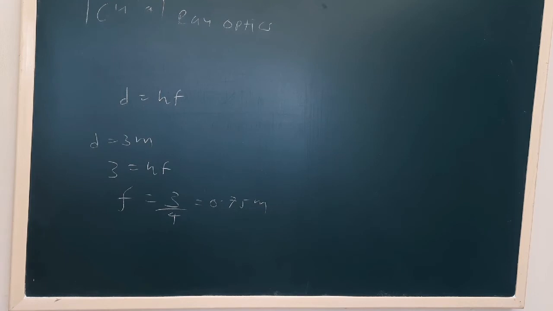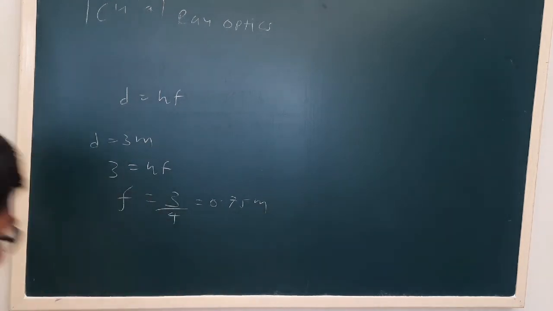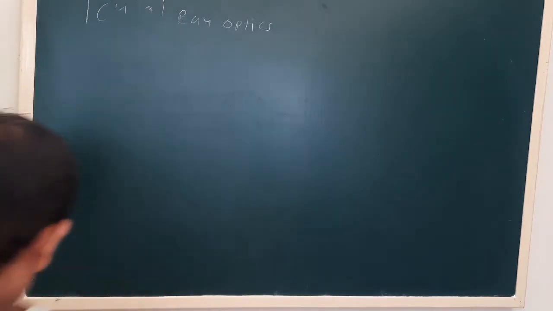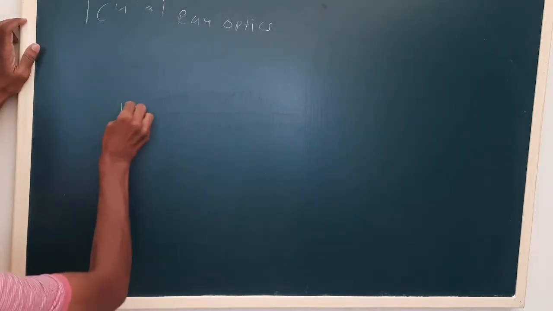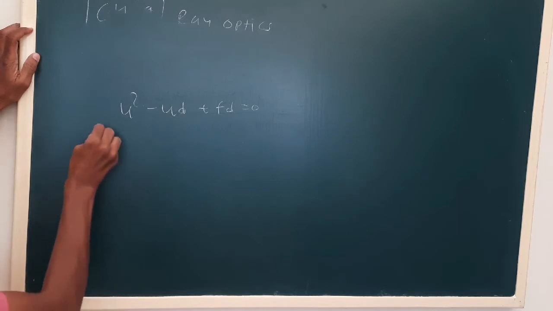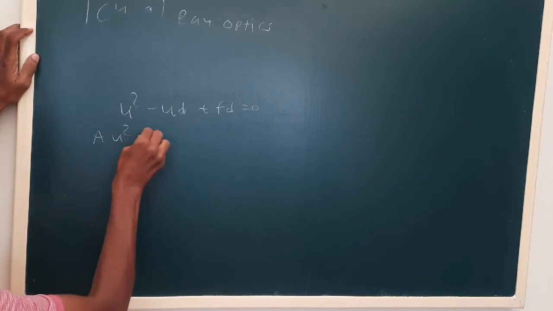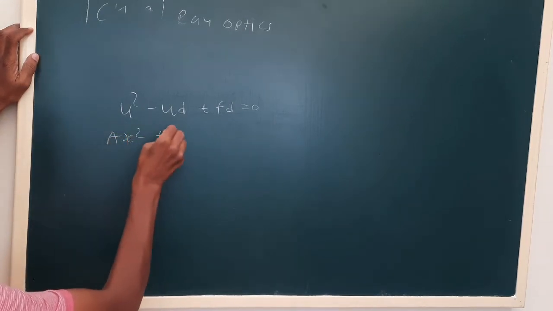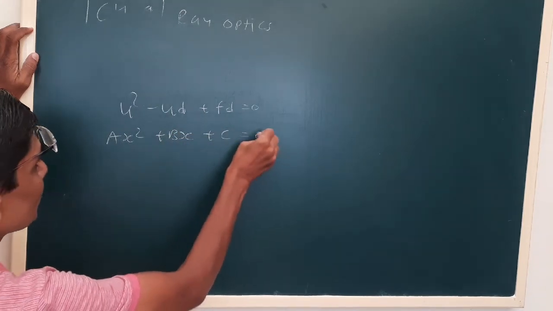Okay. Now see, our quadratic equation was like this: u square minus ud plus fd is 0. Okay. Now this is ax square plus bx plus c is equal to 0.